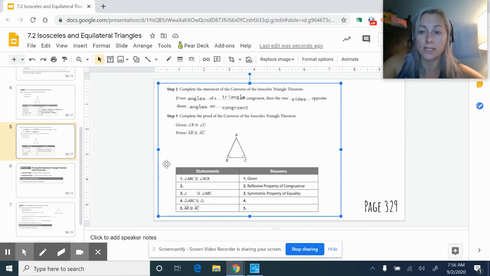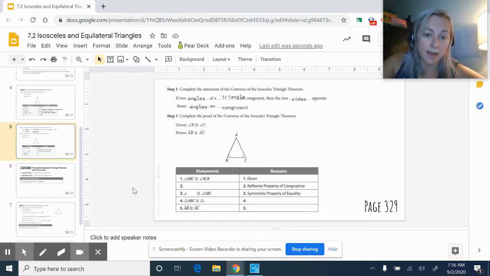Our proof is organized as a table. So our statements are on the left and the reasons are on the right. So statement 1 is that the measure of angle ABC is congruent to the measure of angle ACB. And that's just given, okay?